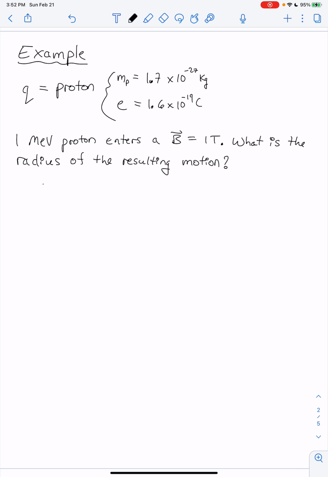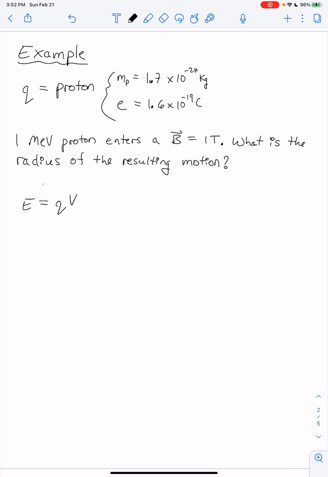So we can say, well, our energy is relatable to charge and potential. This is where our definition for electron volts ultimately comes from.